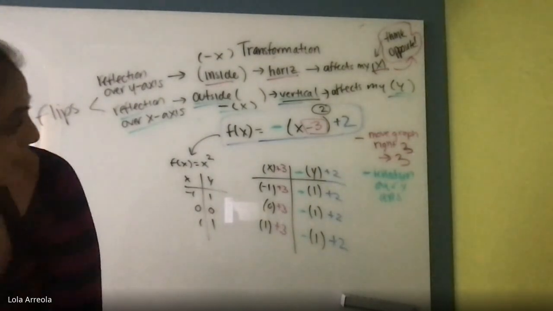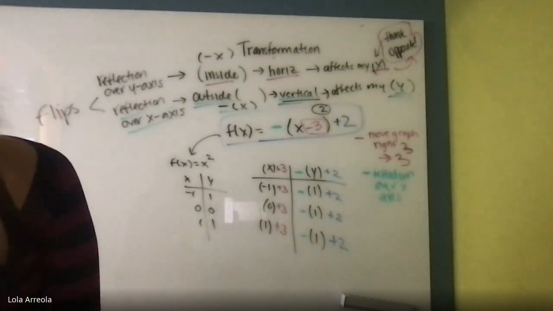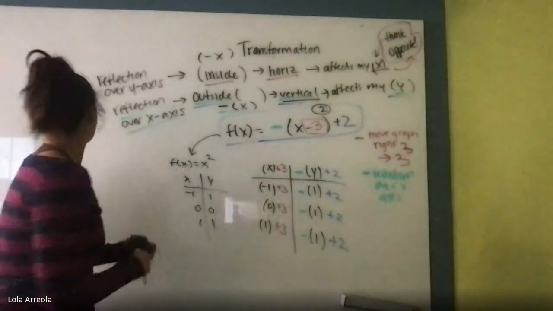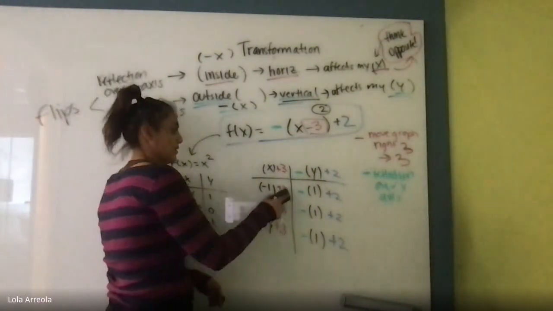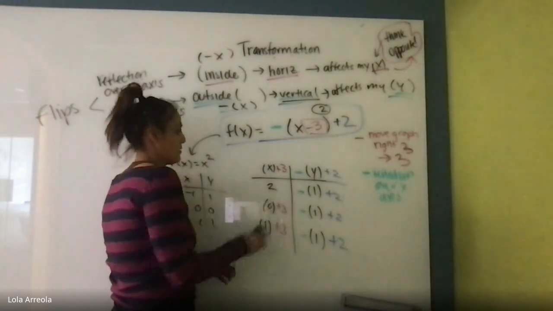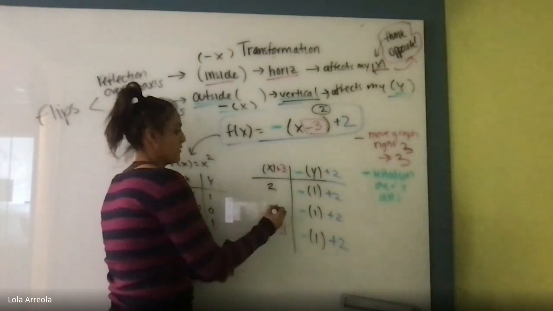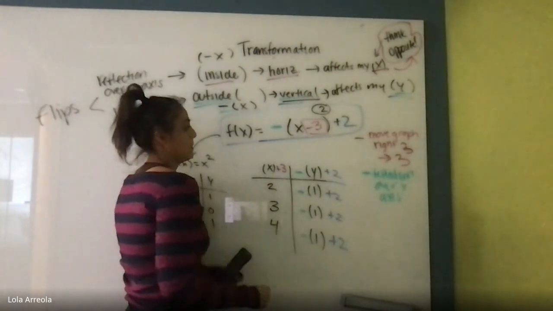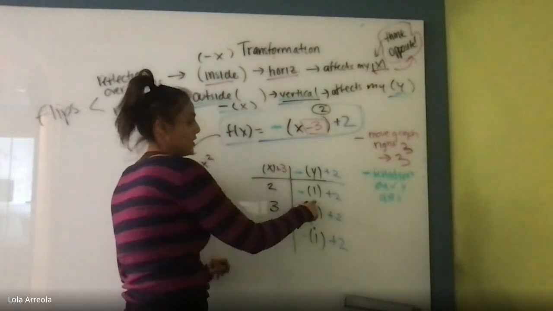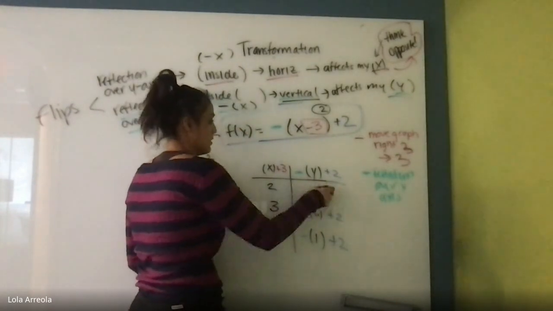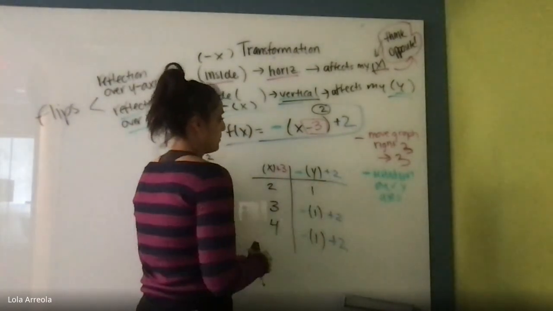Now I'm just going to write down the summation of everything. Okay. So x plus 3, -1 plus 3 is 2. 0 plus 3 is 3. 1 plus 3 is 4. Done with my x's. Negative times 1 is -1 plus 2 is 1.